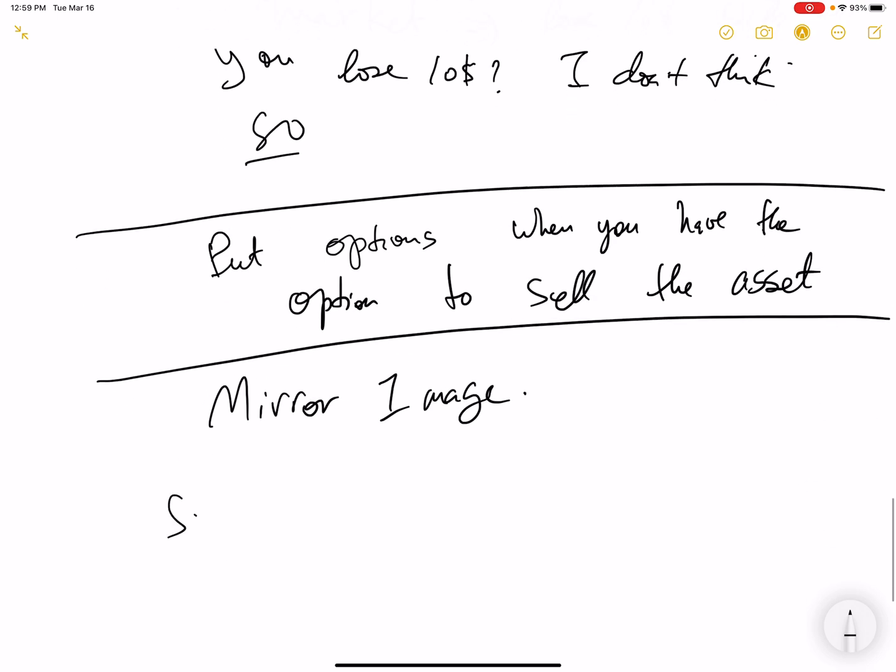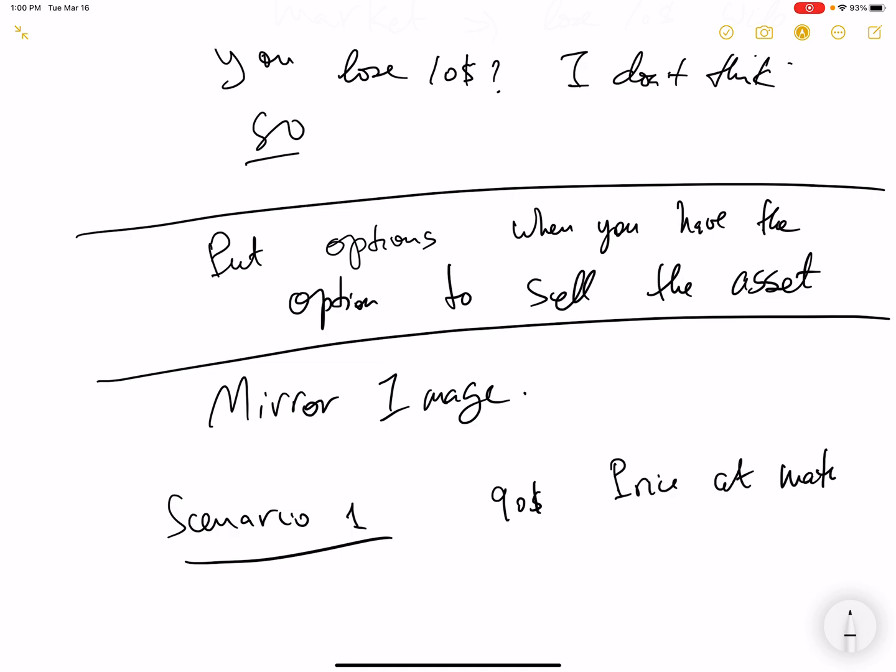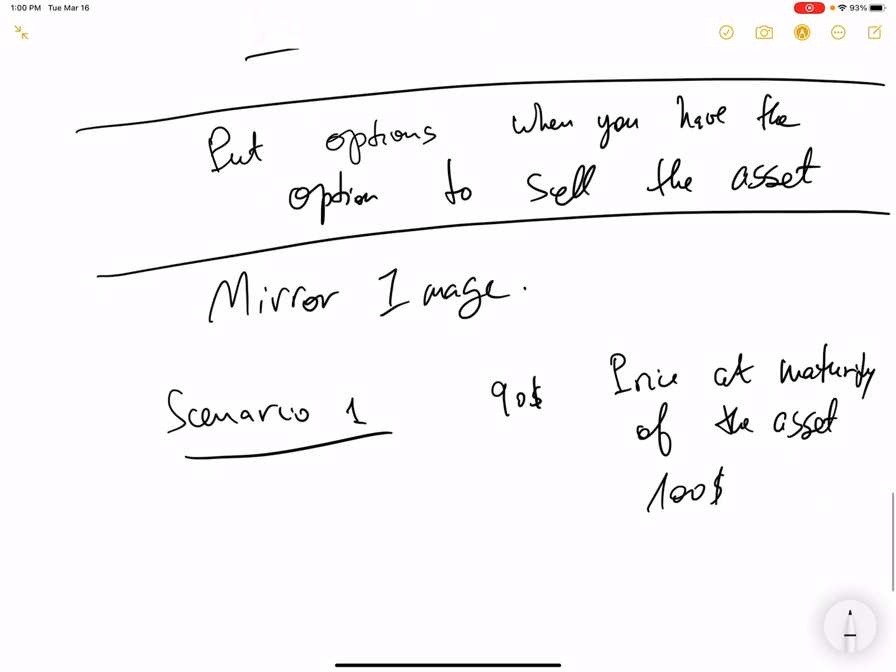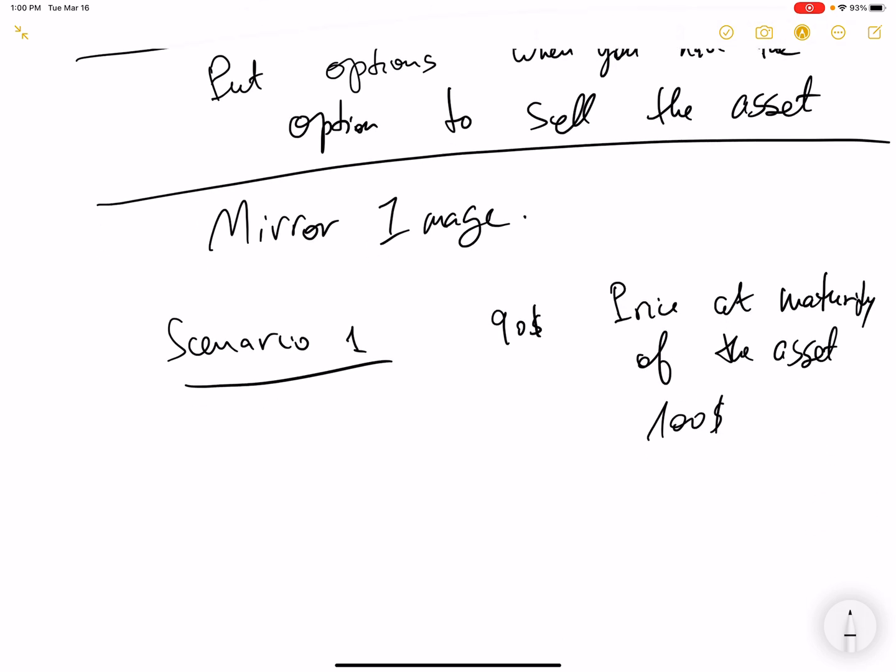Okay, so scenario one, your strike price is 90 and your current price or price at maturity of the asset is 100. Will you sell the asset? I don't think so.